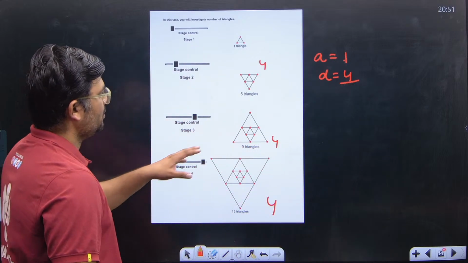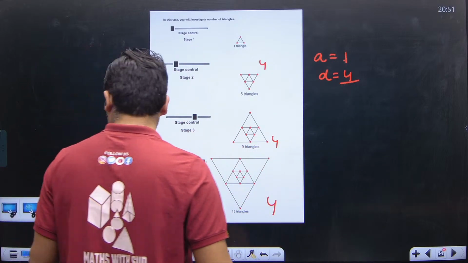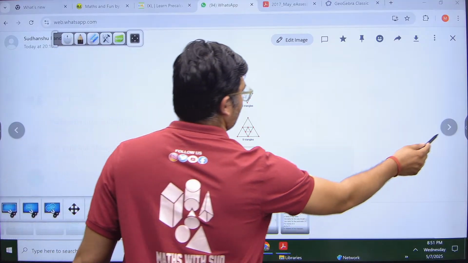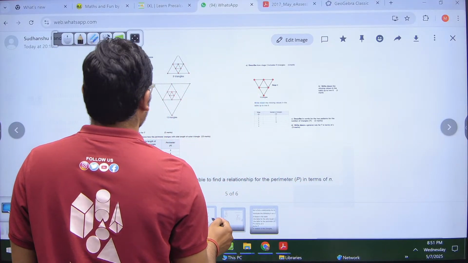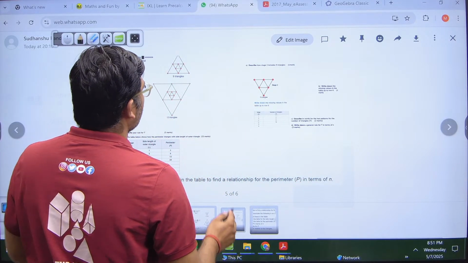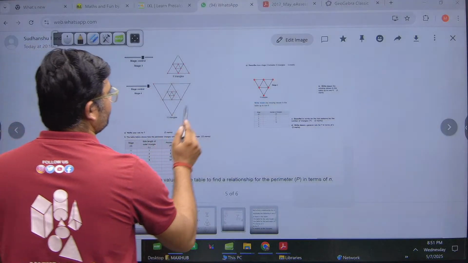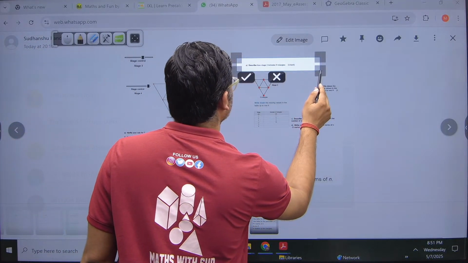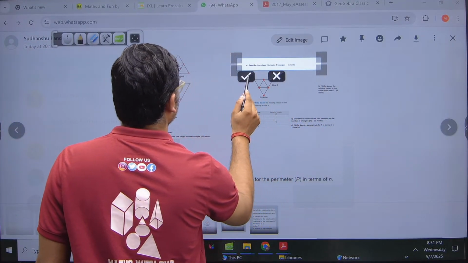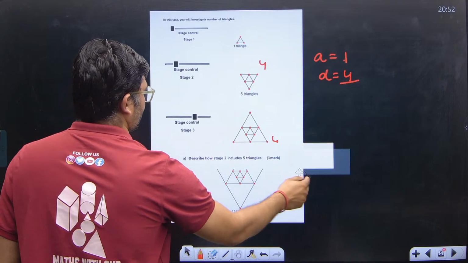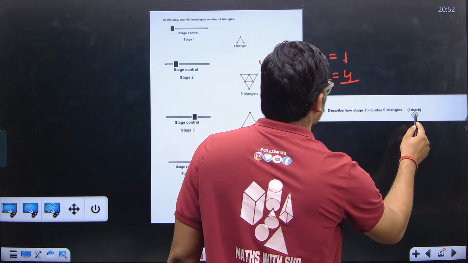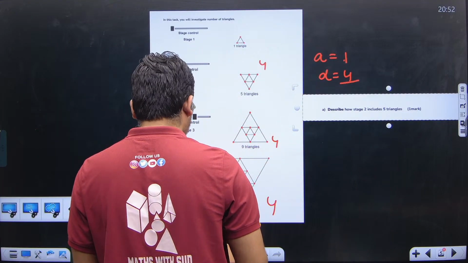Okay. So next question. The question starts from A. Yeah. It's very confusing the way they format it. Describe how stage 2 includes 5 triangles.